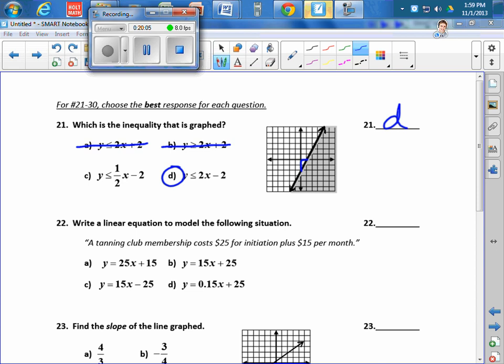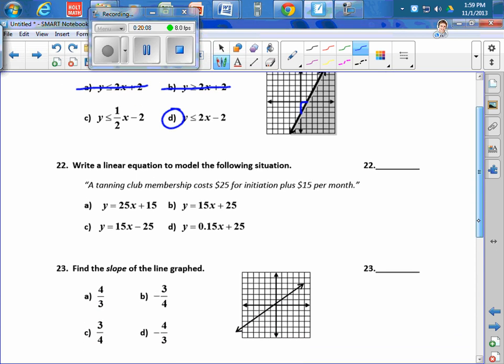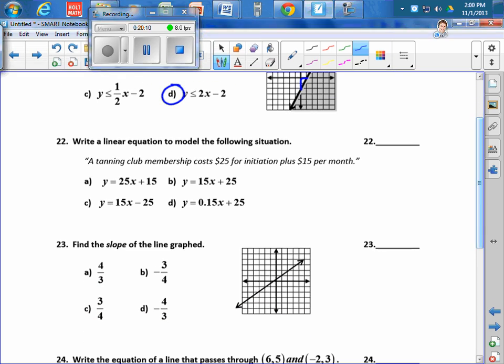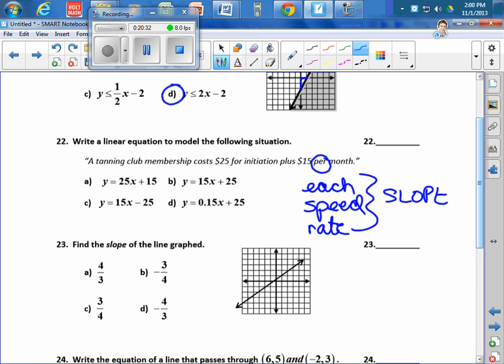Number 2, write a linear equation to model the following situation. Tanning Club membership costs $25 for the initiation, plus $15 per month. Remember to look for that word per. Per, each, speed, rate. These all give you the what? The slope. That number right there, that's the slope. That's the number that's being taken times x.